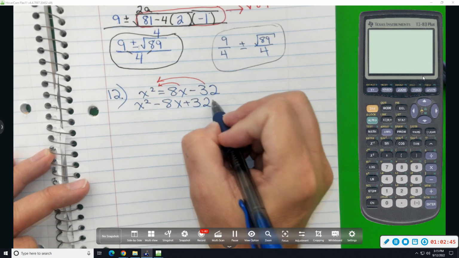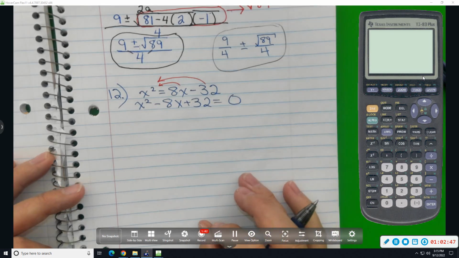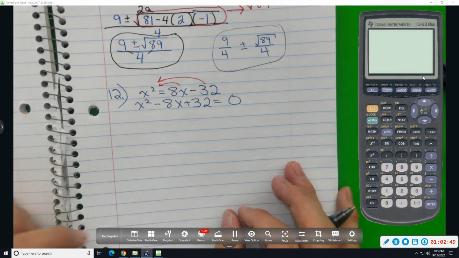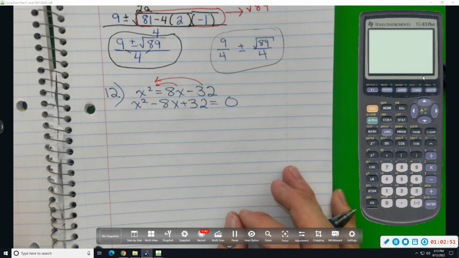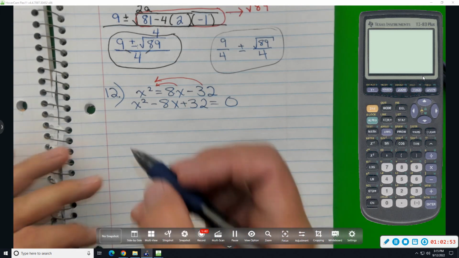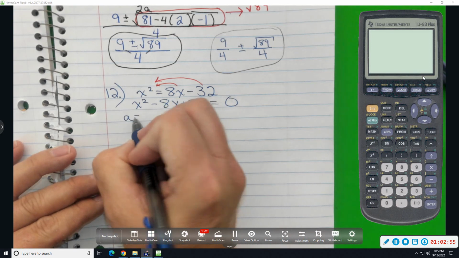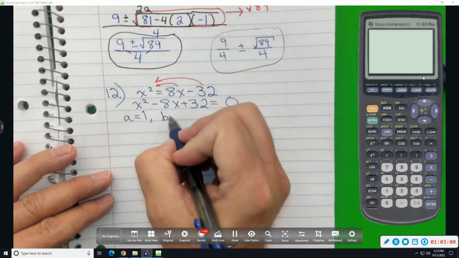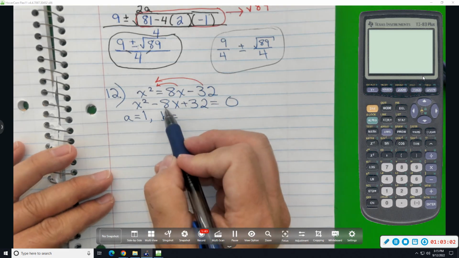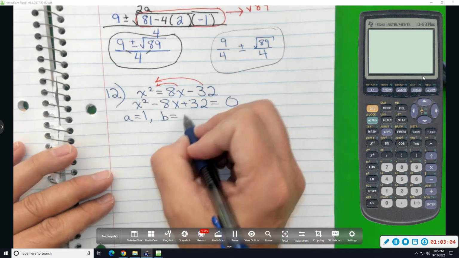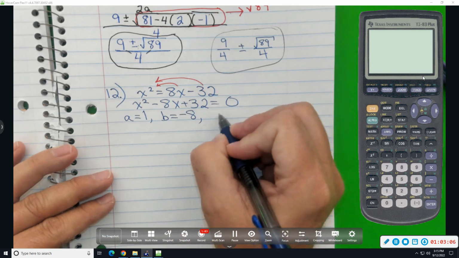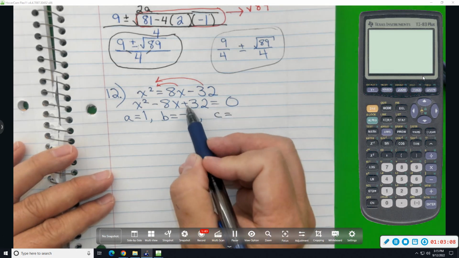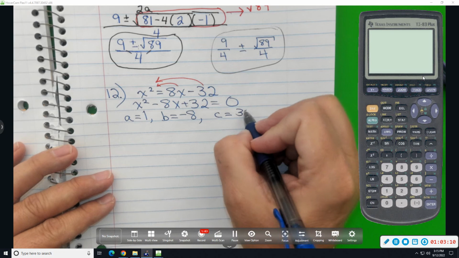Correct. And I'll identify my A, B, and C values. A is equal to 1. Now B is equal to, be careful, negative 8. Remember to take that sign. C is equal to, okay, positive 32.